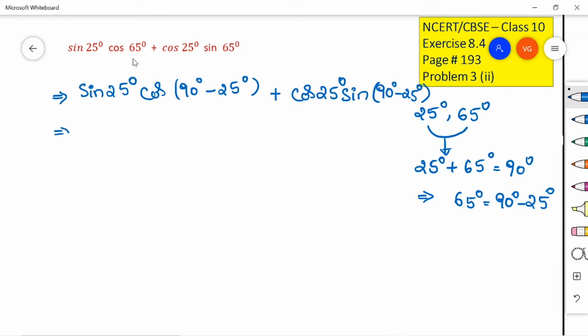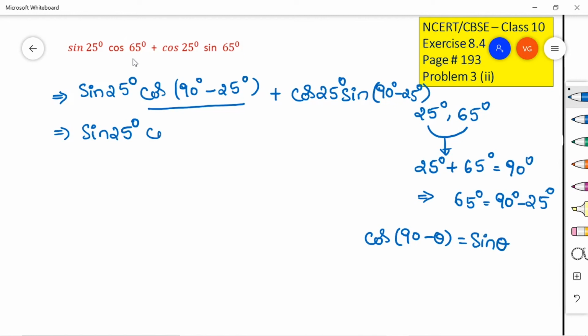So here it is sine 25 degree, and this is of the form cos 90 minus theta, which is nothing but sine theta.